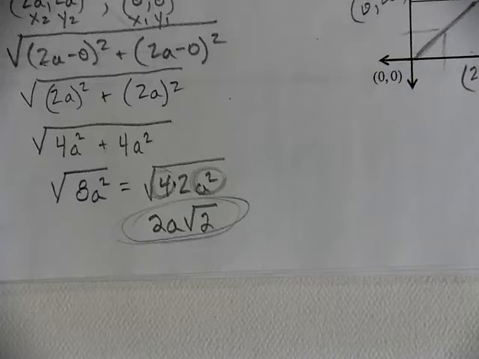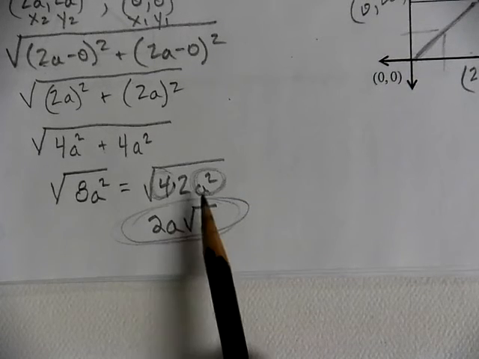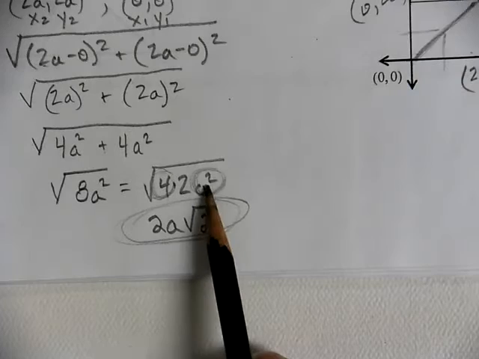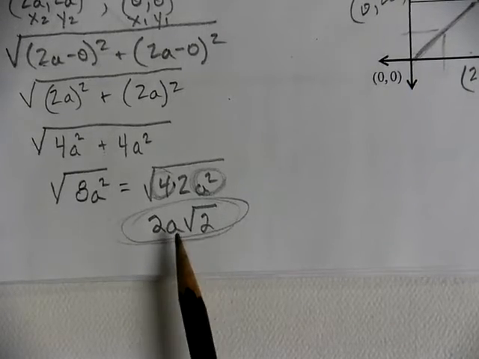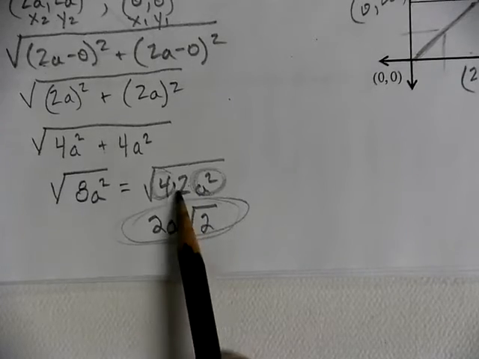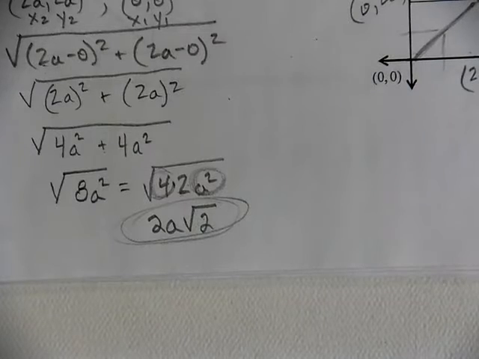I could take the square root of the 4, so that's what brought the 2 out. I could take the square root of a squared, so that's what brought the a outside the radical. But this other 2 was left inside because I don't know the square root of 2. It's a decimal.